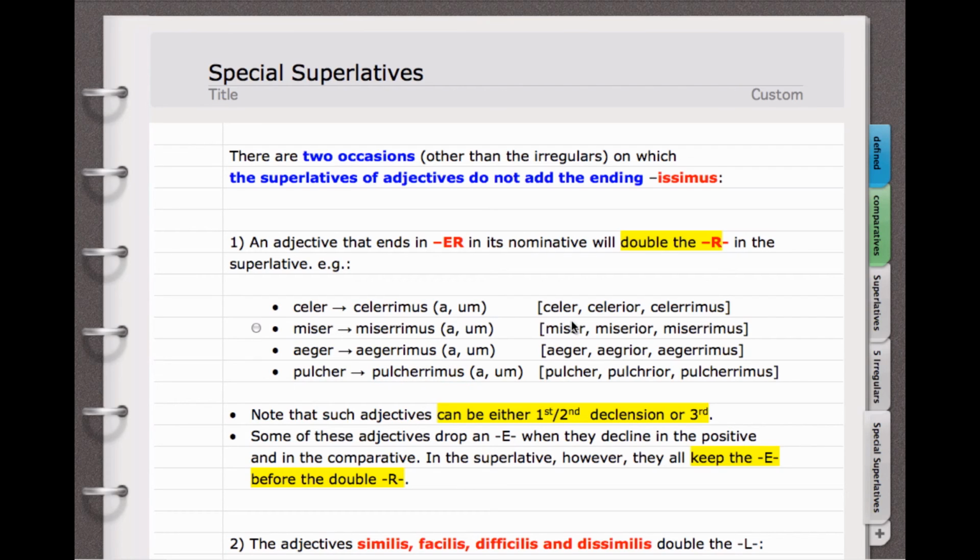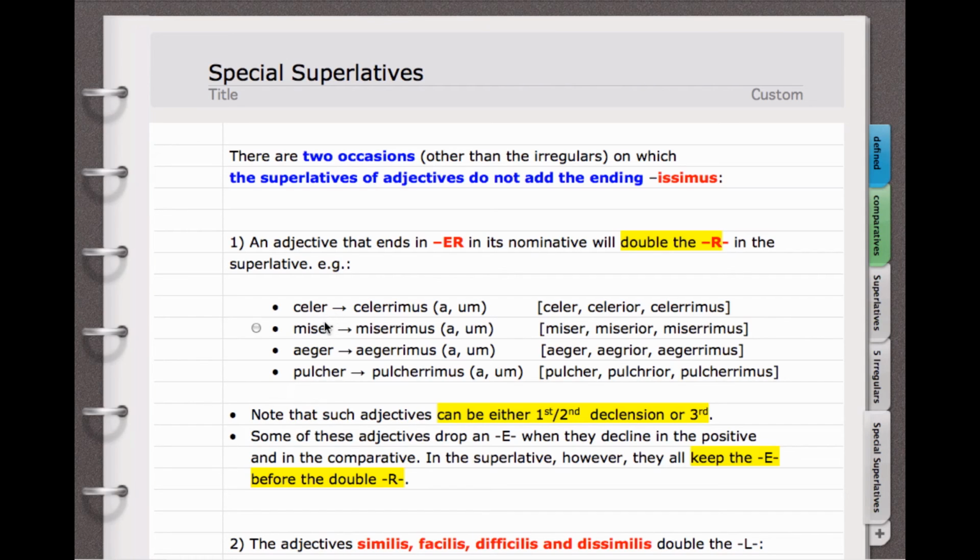So looking at the comparative as well, the comparative, generally speaking, is formed in a very regular way. Celer, celerior, celerrimus. Miser, miserior. Miserior is not unexpected. And miserrimus. Acer, acrior, acerrimus. Pulcher, pulchrior, pulcherrimus.